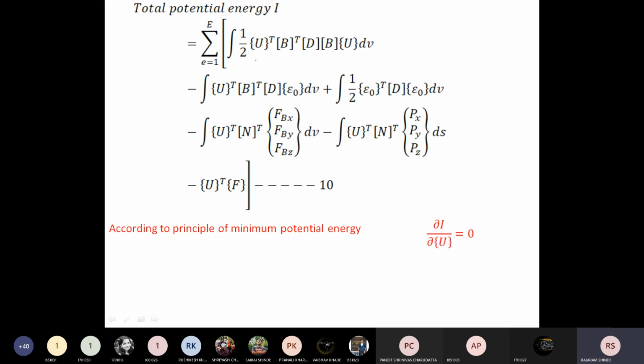Now can anyone tell what is the differentiation of the first term? Can anyone tell? Shreyas Chogle, can you tell it? What is the derivative of the first term?